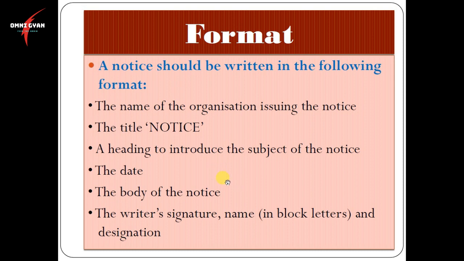So, say ABC is his name, he will give the signature ABC, then write his name ABC, and then the designation, class captain. Or if your school principal gives the notice on the notice board, below will be the headmaster's signature, then his name, and then finally his designation, principal or headmaster.